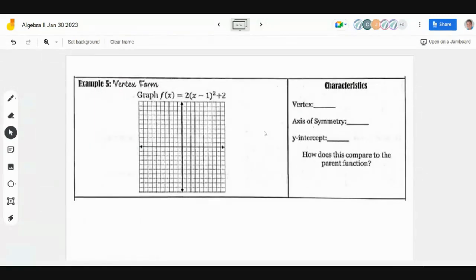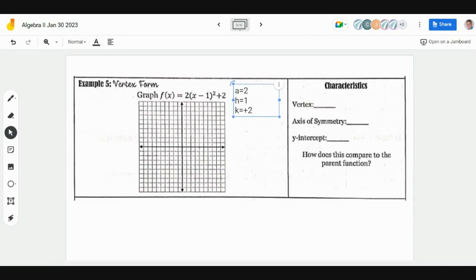All right, so here's another one we're going to graph. And we've got all of it going on here. We've got a 2 up front. We've got an h that is equal to 1, and we have a 2 back here as the k. So if we look at that, a equals 2, h equals 1, k equals plus 2.